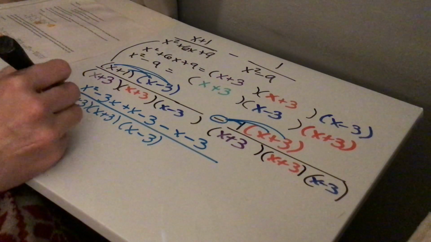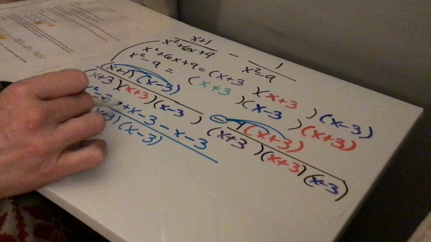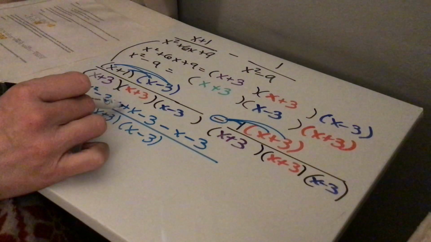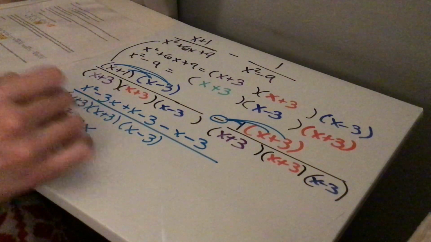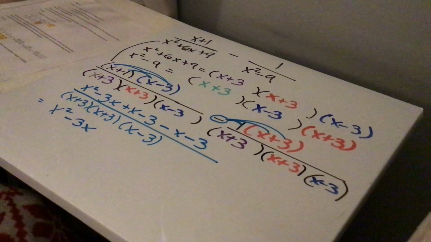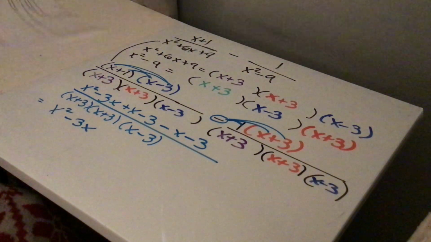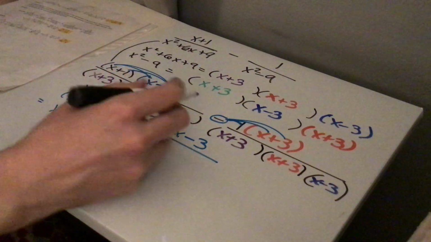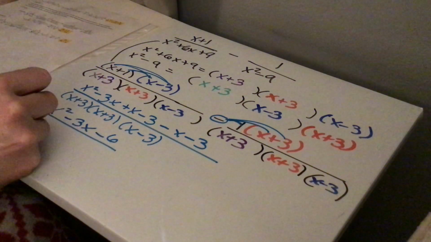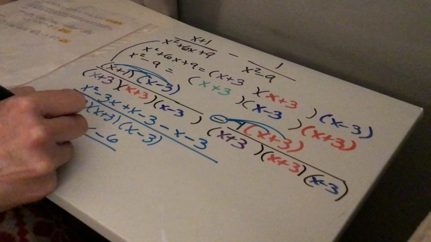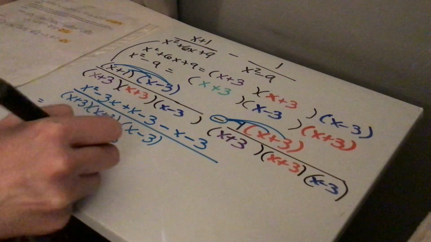So we get x squared minus 3x plus x is negative 2x. Minus x would be minus 3x. And then negative 3 minus 3 is minus 6. And then we can simplify the denominator to (x plus 3) squared times (x minus 3).